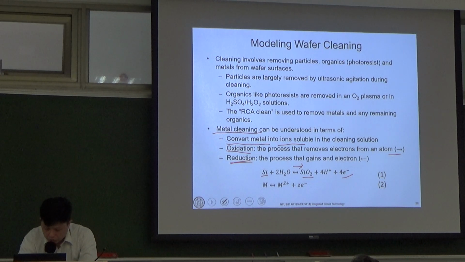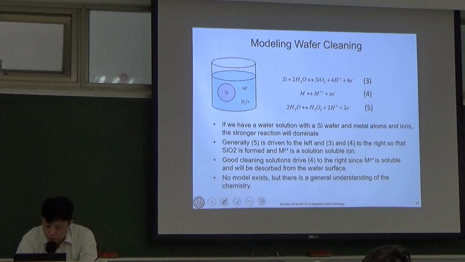With metal ions, we try to remove them from our silicon, so we have to make them soluble. We can combine these equations, equations 3 to 5.